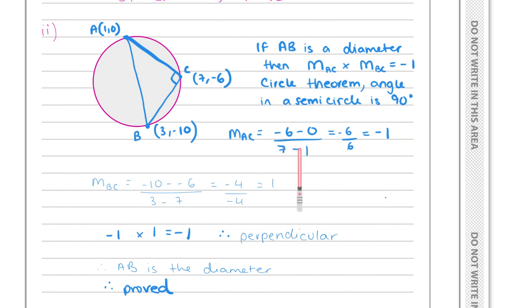If you went straight in and were just doing all the gradients, then you would need to write this at the end: therefore AB is the diameter, therefore proved. I think it's just good practice to write therefore proved.